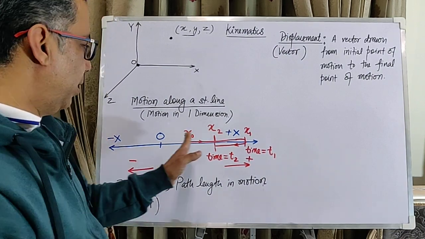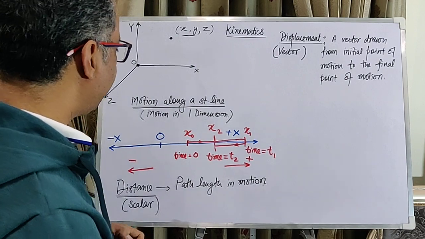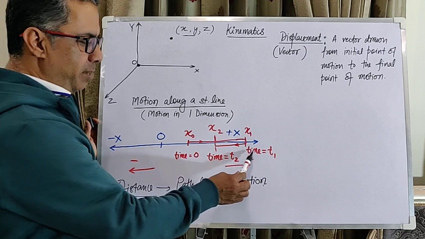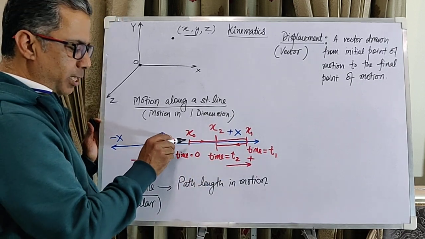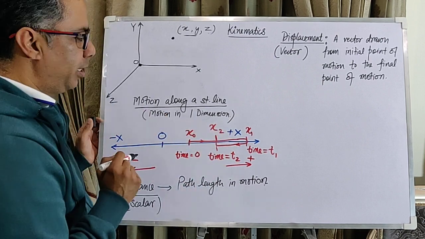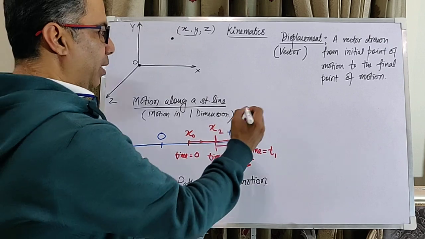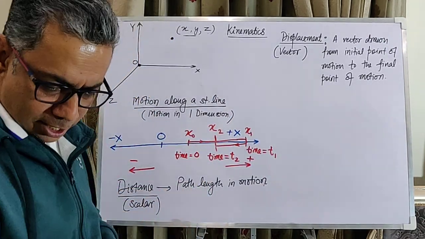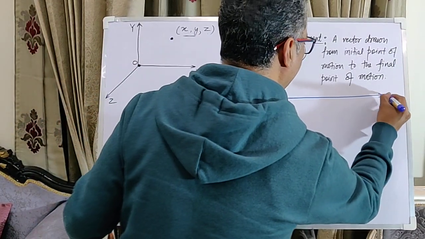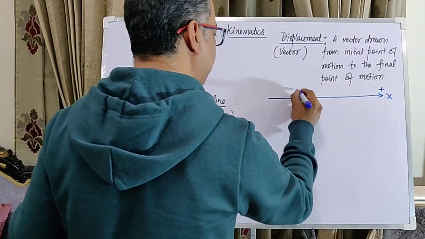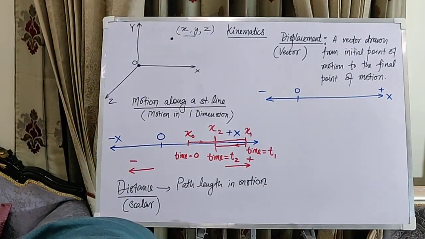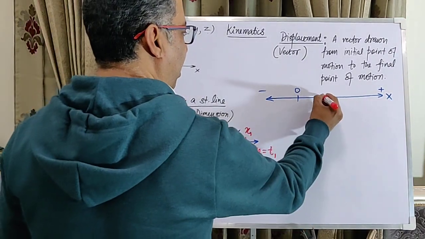Now in this particular case, if I were to describe displacement from time equal to 0 to time equal to t1, then that displacement would be a vector drawn from this point all the way up to this point. So let's just redraw this axis. This is x, positive x, origin. This is negative x, and here is x naught.